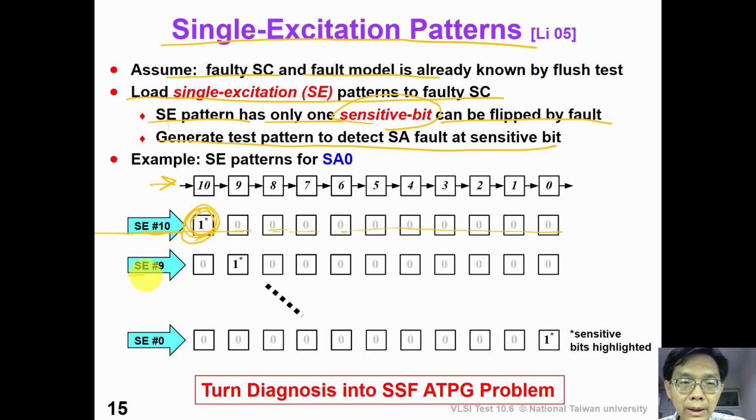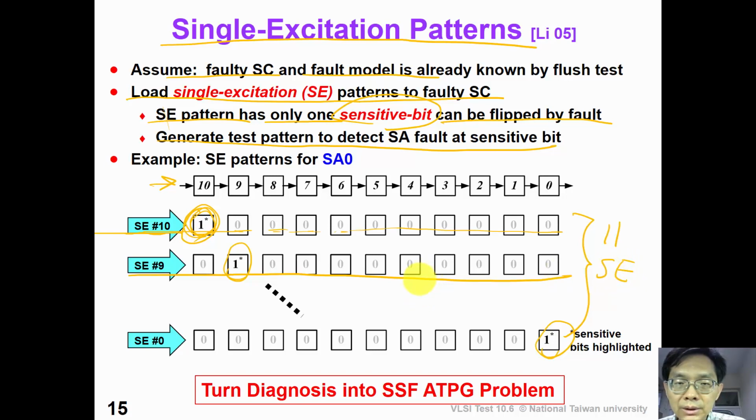And then we can move on to the next single excitation pattern, which has only one single 1 at index number 9. We can continue to do this all the way to index number 0. So for this faulty scan chain, which has 11 cells, we have 11 different single excitation patterns.